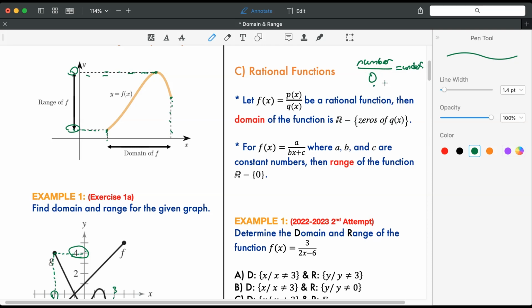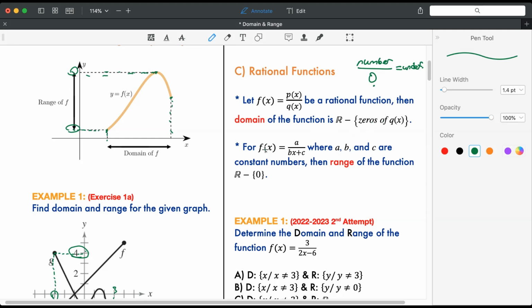If a number makes the denominator 0, it's not part of the domain. We should exclude those numbers that make denominator 0. So domain of rational functions is all real numbers except numbers that make denominator 0. This is pretty simple. We equalize the denominator to 0 and exclude those numbers from all real numbers.